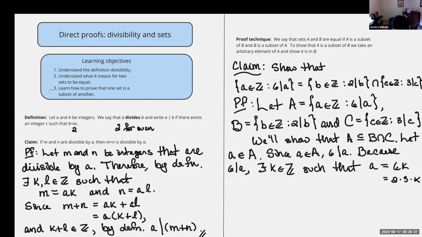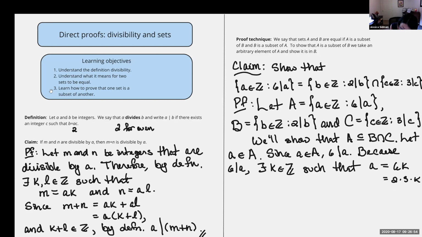And so I'm going to keep going with my computation. I'm going to rewrite that in two ways. That's equal to 2 times 3k, or maybe actually, I'm going to pause there and put the period there.